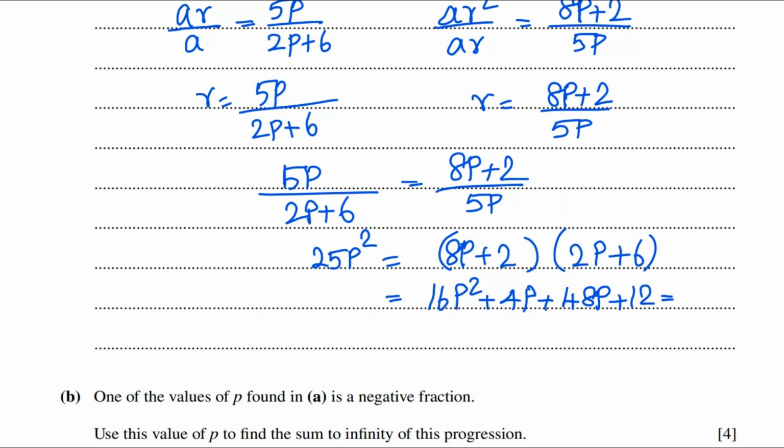So this is equal to 16p square plus 52p plus 12. Now bring all the terms into one side. So we get 25p square minus 16p square minus 52p minus 12 equal to 0.